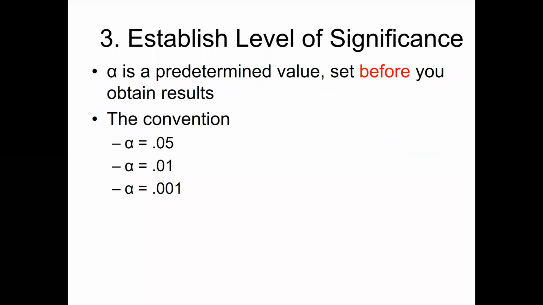Now, if it's not likely due to chance, you're going to claim that it's likely due to your independent variable and a non-chance effect among the levels of your independent variable. How well supported that finding is depends on your research design.